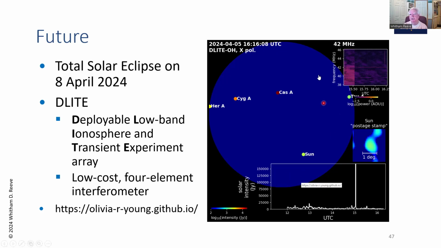And she's put together this, it's almost like the LWA TV. It shows the sky image, and it's going to be live, so you'll be able to see the sun move across the screen and so on.